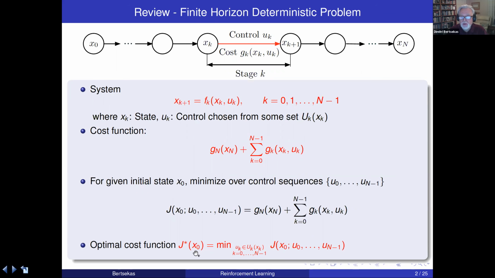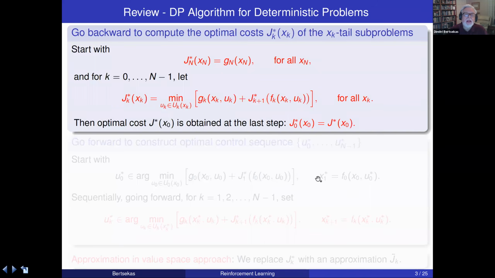Now, to obtain this function and to obtain the optimal sequence, we use dynamic programming. And the key object here is this Jk star of xk, the optimal cost of the tail subproblem that starts at state xk at time k and goes forward all the way to the end. So in the dynamic programming algorithm, we start with the terminal cost, which is the final tail subproblem by default.